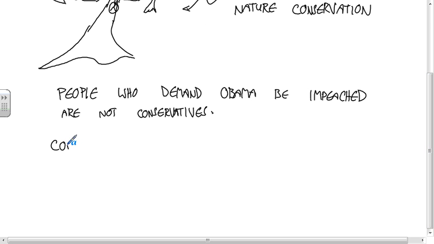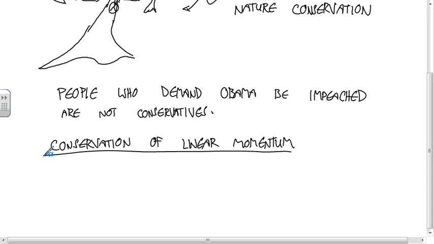So conservation of linear momentum, that's the first one we're going to talk about. And it says that during collisions, it actually says this has to be true for times other than collisions, but conservation of linear momentum we're only going to use for calculations involving collisions of things.